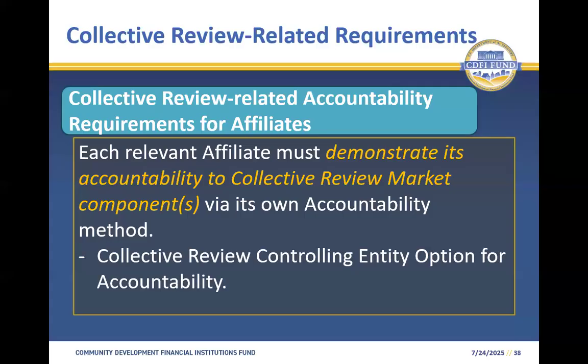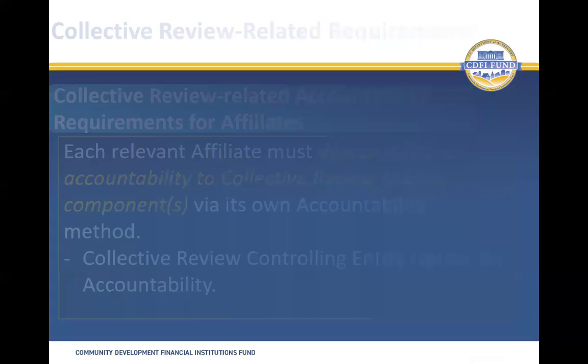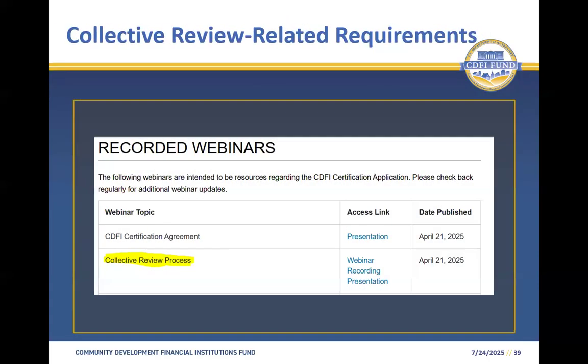It's worth noting here that there is a special option for controlling entities for collective review accountability. If you're interested in more information on the collective review requirements for both the applicant and the relevant affiliates, please check out our collective review process webinar that was recently presented last winter.